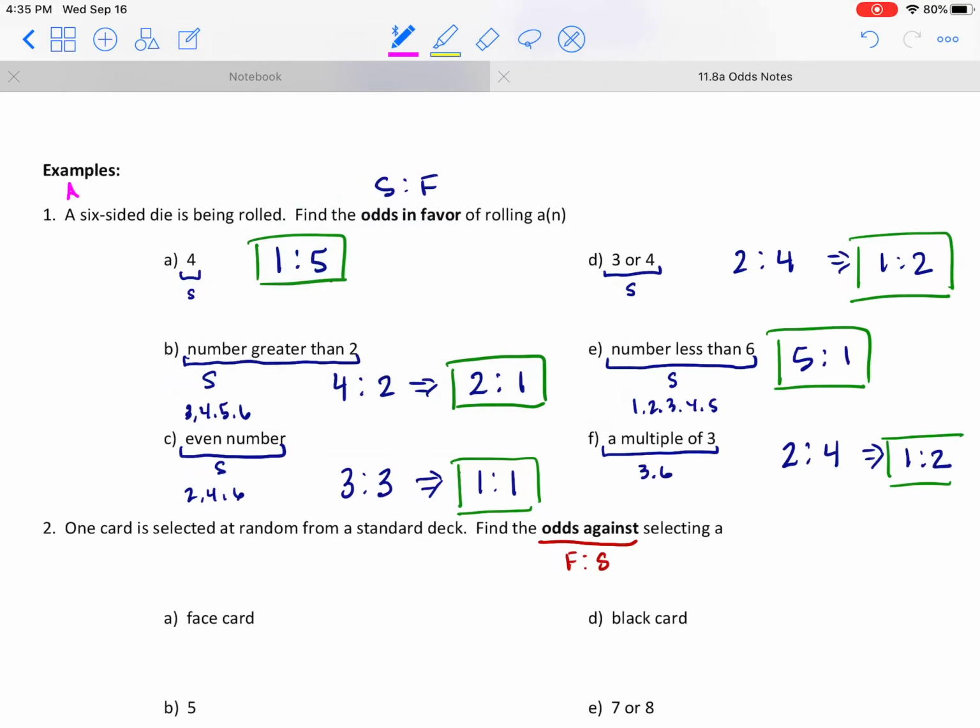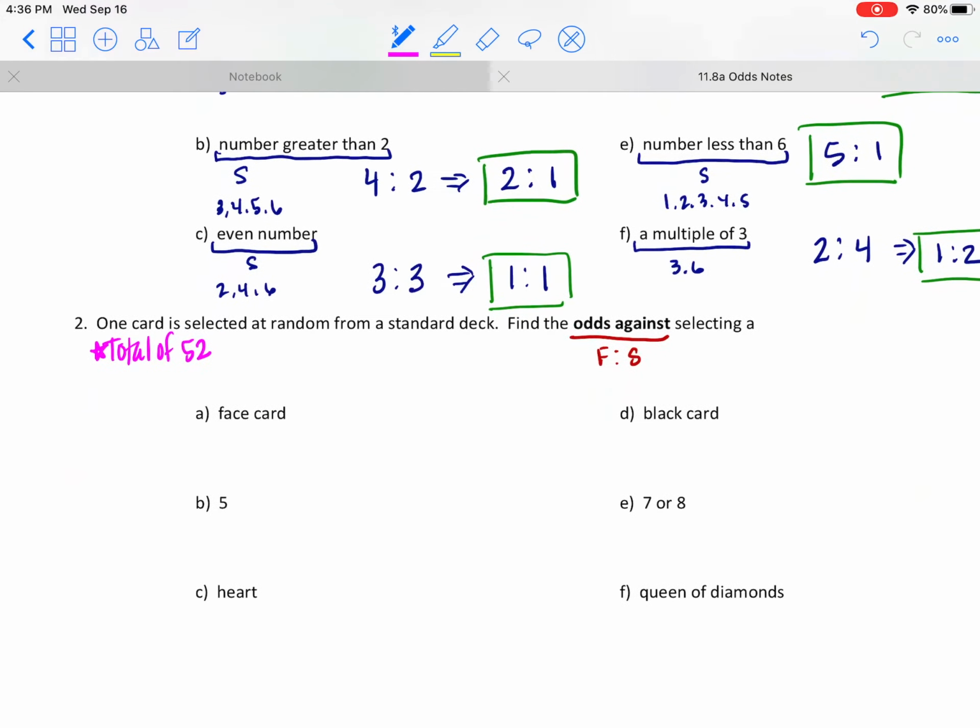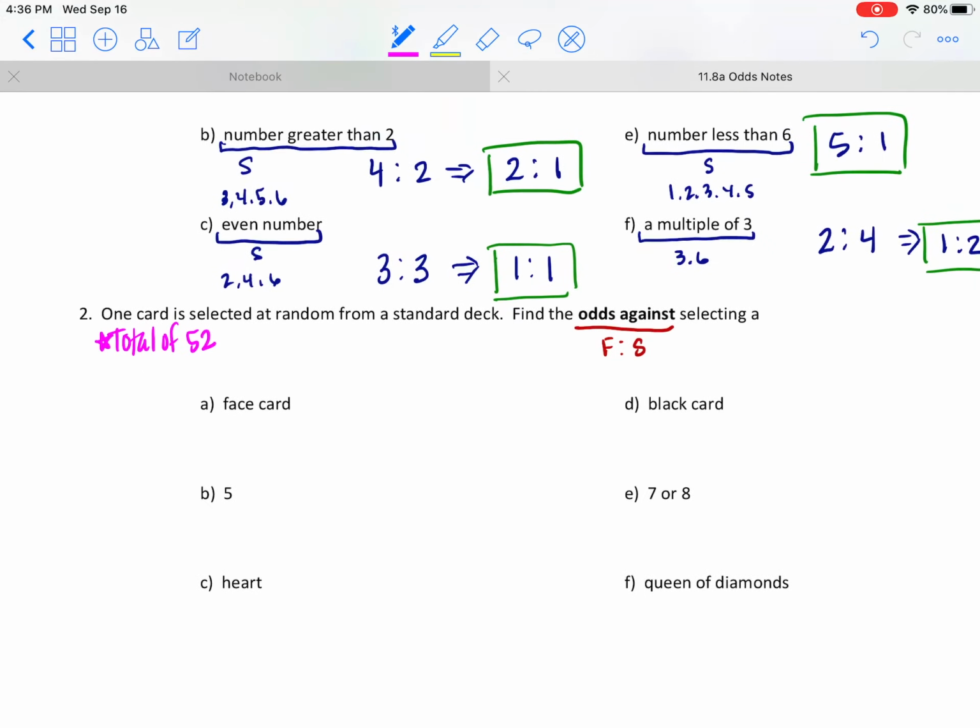Just like over here, we should have a total of 6 because there are 6 options when we roll the die. Over here, this is a standard deck, so we should have a total of 52. Now again, it could reduce, but originally we should have a total of 52. Okay, so odds against, failures first, successes next, although it's easier to count the successes.